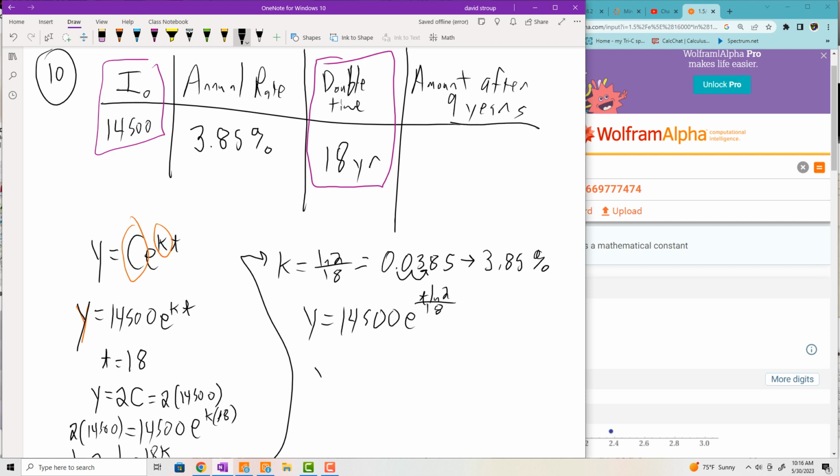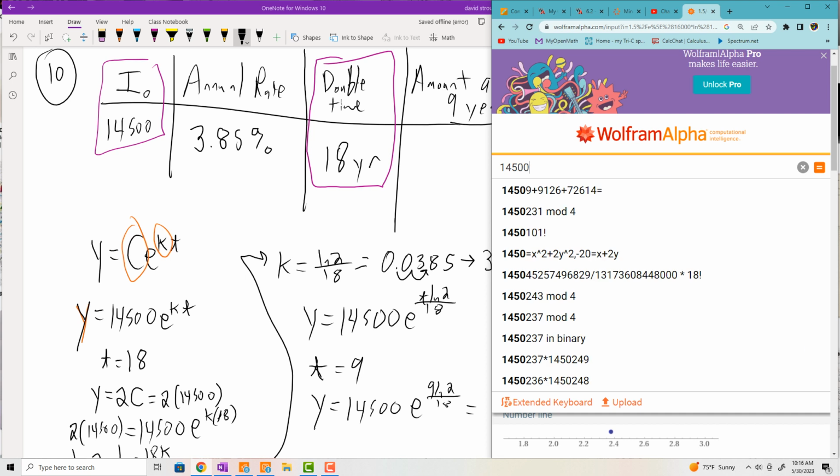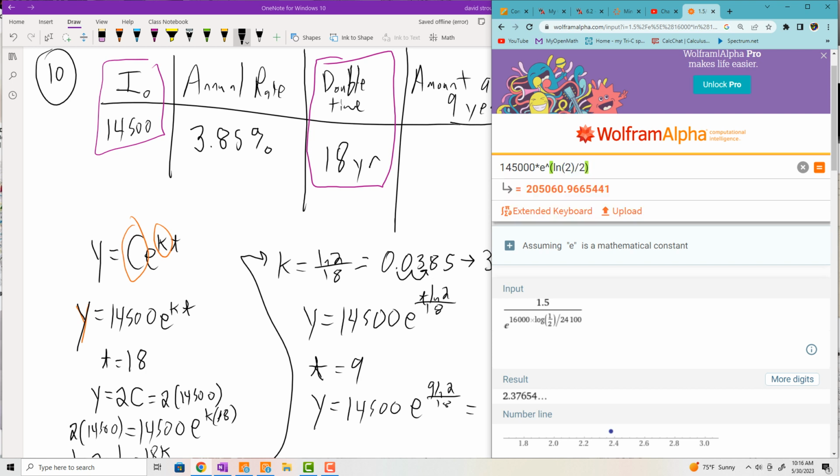Let's go ahead and evaluate it then when t is 9. So after 9 years, what is the investment amount? To 2 decimals. Geez, really?